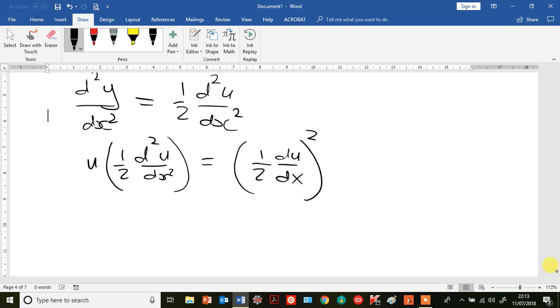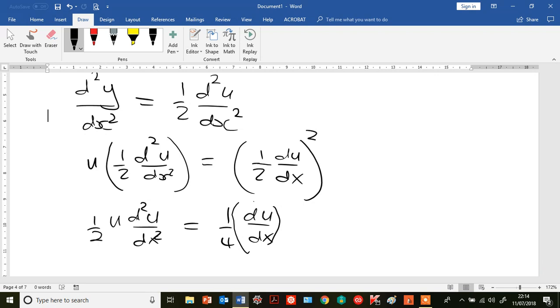This can be simplified so that we take the half outside of the bracket. So we've got u d squared u by dx squared equals a quarter (du by dx) all squared.